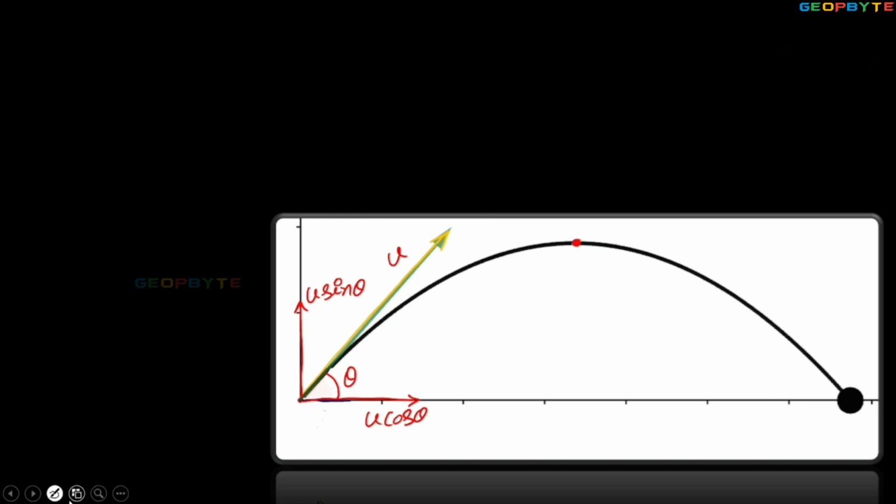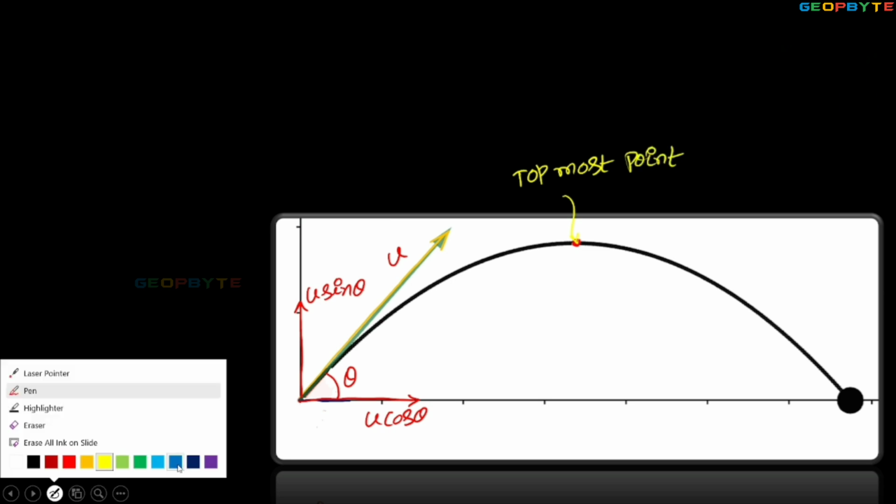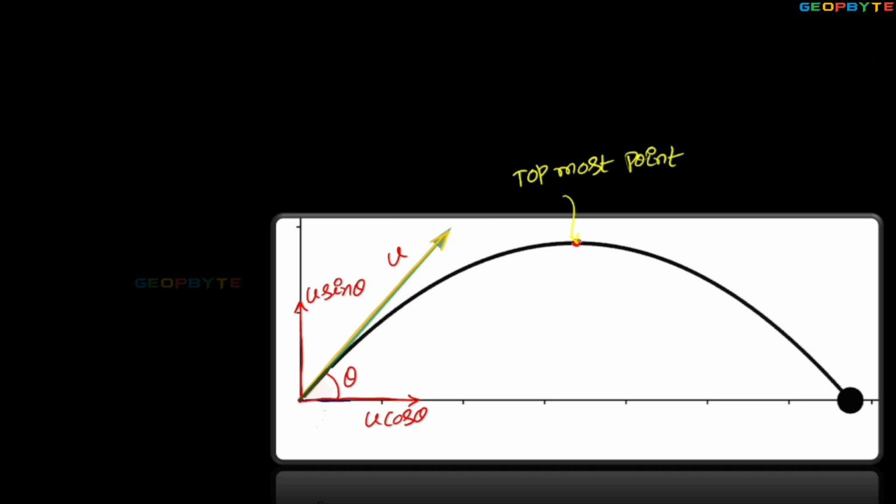At the topmost point, it is having only horizontal component of velocity u cos theta, meaning vertical component of velocity 0.